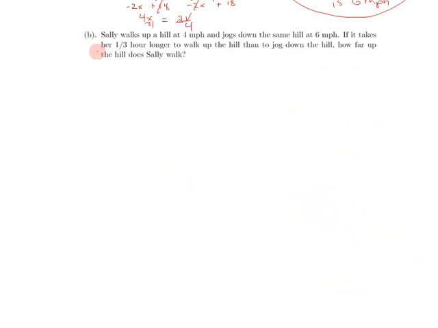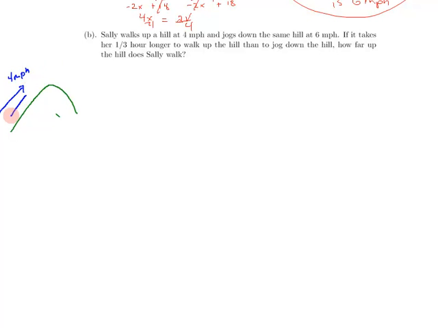Sally walks up a hill at 4 miles per hour. Alright, so let's draw our hill. It's got to be green, so here's my hill. Okay? We don't care what happens on the other side. So she's going up the hill at 4 miles per hour.